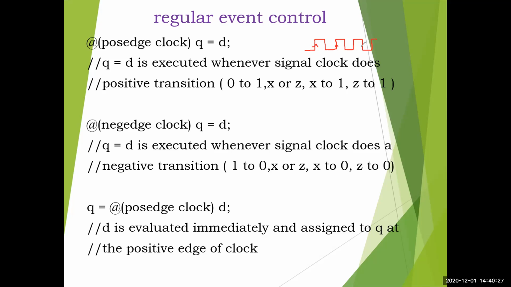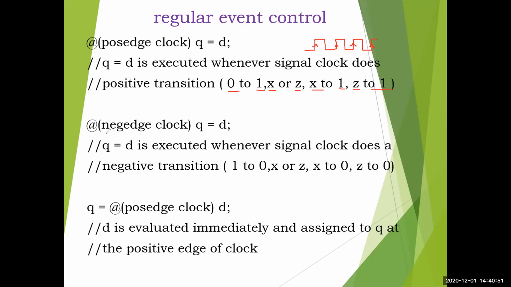On the negative edge it will not change. See here, all the positive edges. That is defined as the value changing from 0 to 1, x or z. The value 0 changing to 1, x or z is called a positive transition. X to 1 is also called a positive transition, and z to 1 is also called a positive transition. All this you should know in detail.